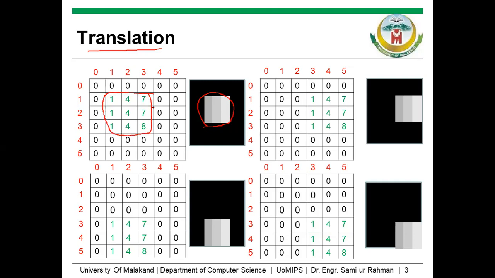Transformation means that we move this object from the center to the side. Internally, these pixels will be moved from the center to this side. So this is translation.